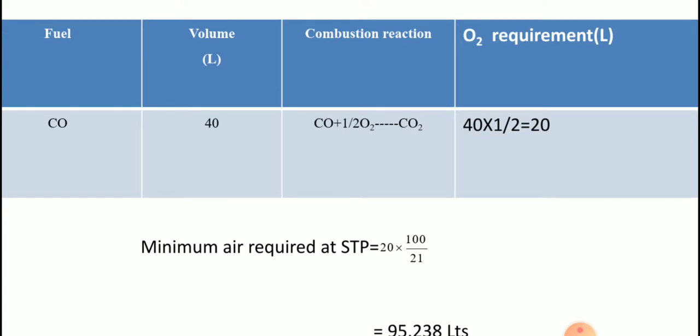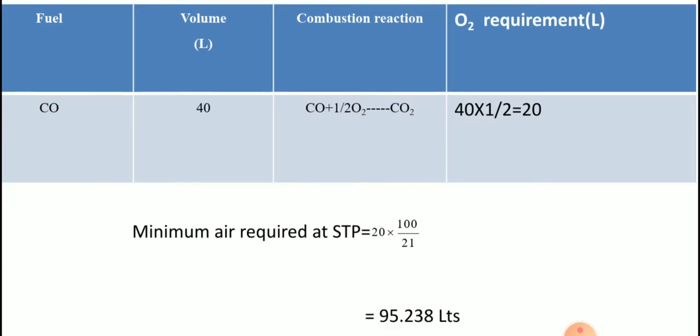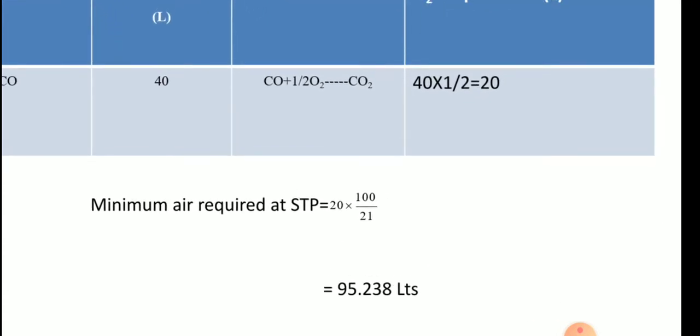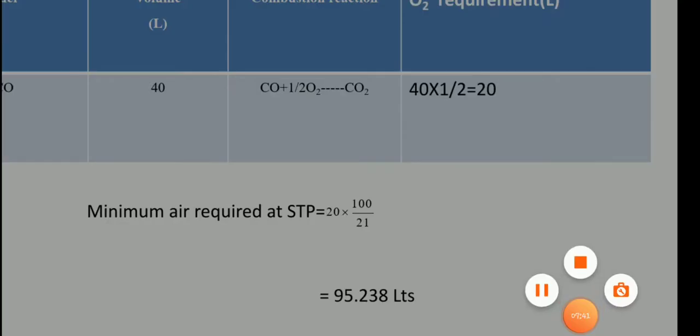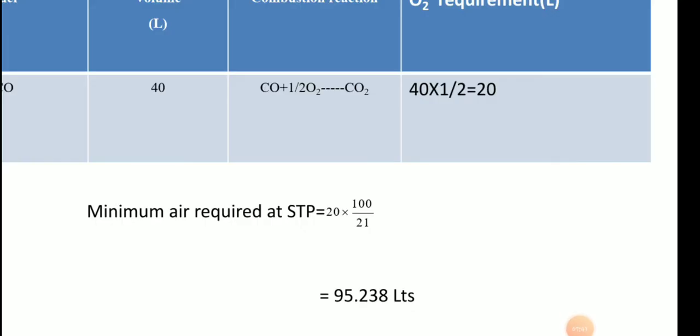So 40 liters of carbon monoxide will require 40 into half, that is 20 liters. So minimum air required at STP will be volume of oxygen required into 100 upon 21. The numerical value is 95.238 liters. In the next lecture classes, we will discuss the other categories.